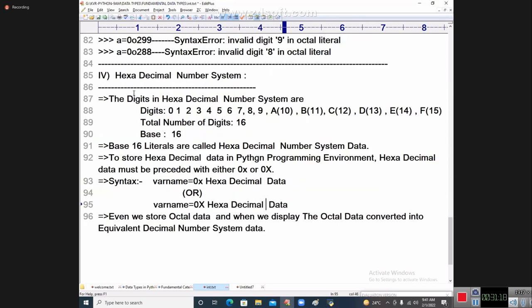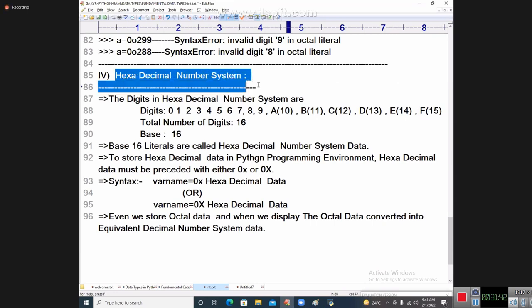This type of number system is used in the development of operating systems. Every hexadecimal number system is used in operating system development. The operating system understands binary data. The operating system is developed with the hexadecimal number system into consideration.